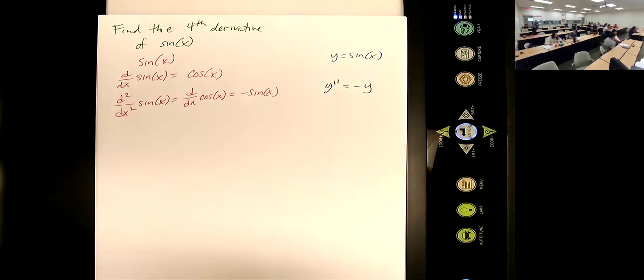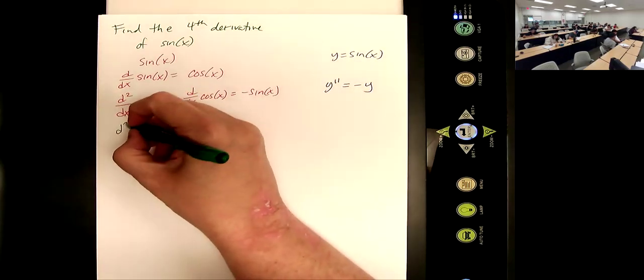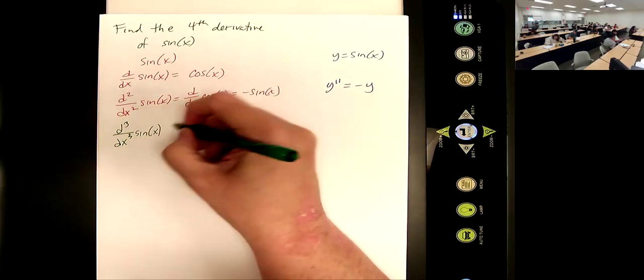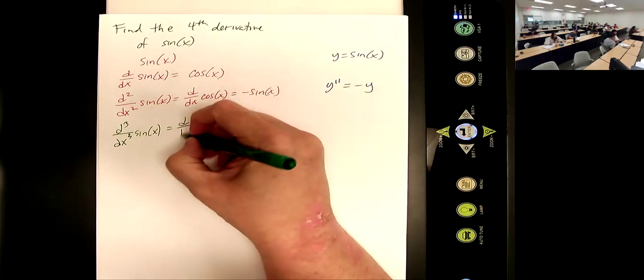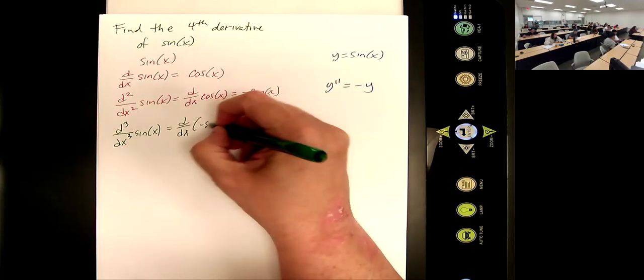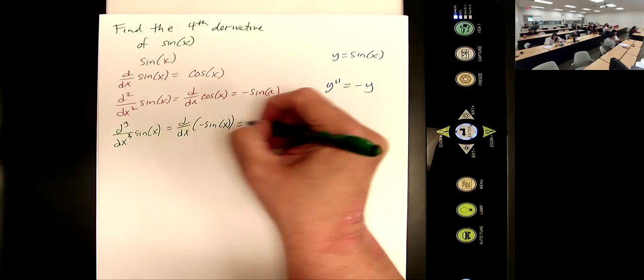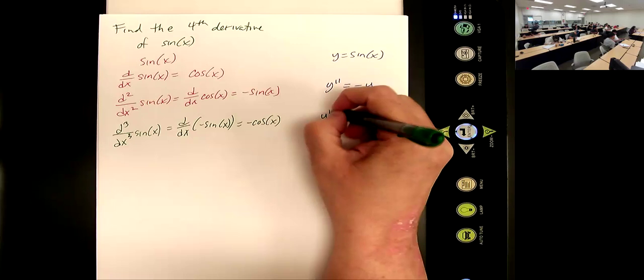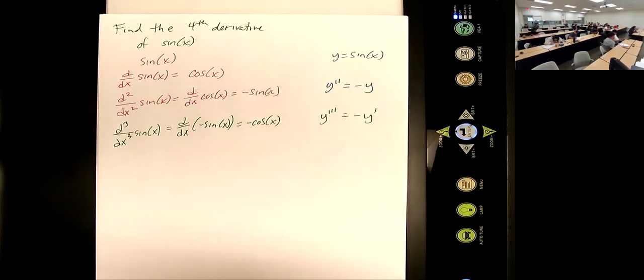Third derivative. We're doing the derivative of our last step, which was negative sine x. That's gonna get us negative cosine x, or y triple prime equals negative y prime. The fourth one, we get back to sine x, don't we?